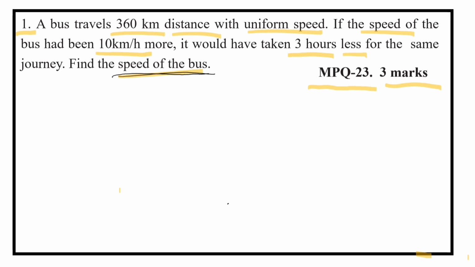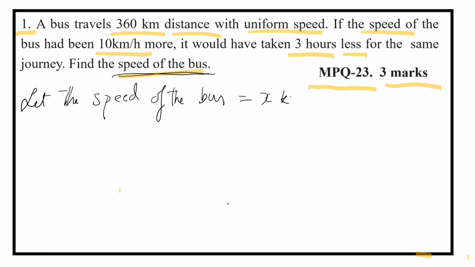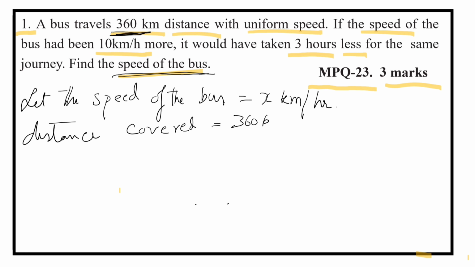So now let us assume that the speed of the bus be x, because they haven't given x here. x kilometer per hour. We are given the distance covered, isn't it? Distance covered, 360 kilometer.